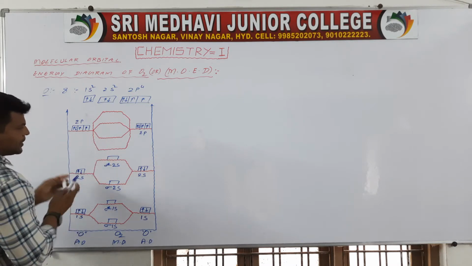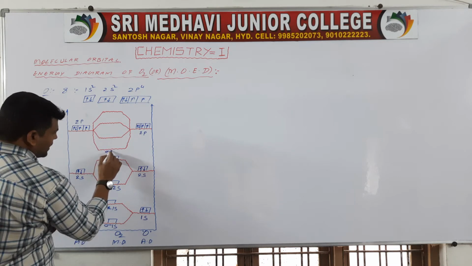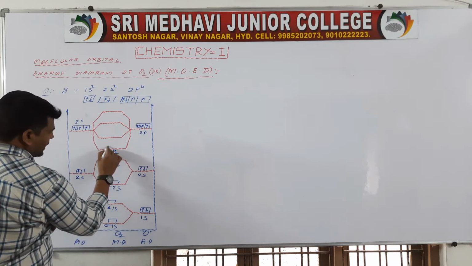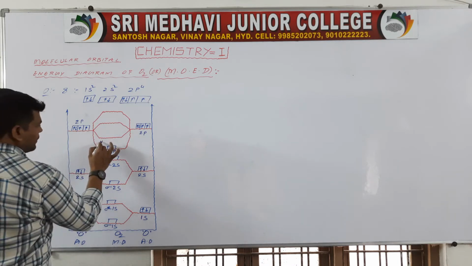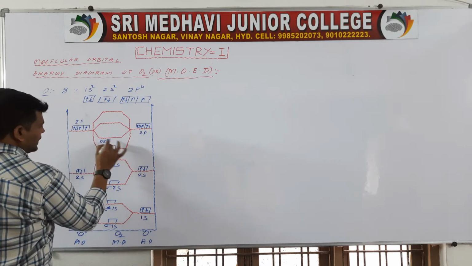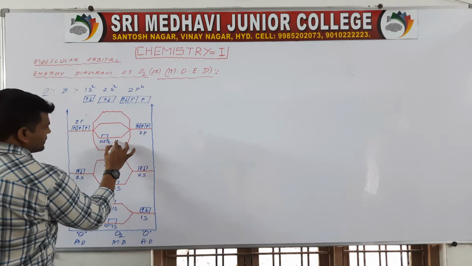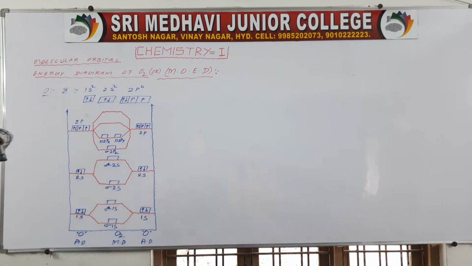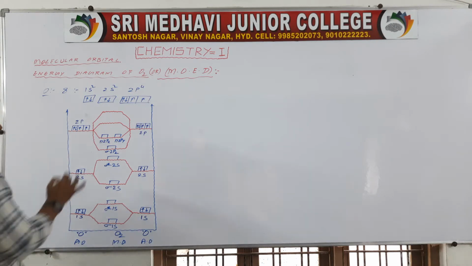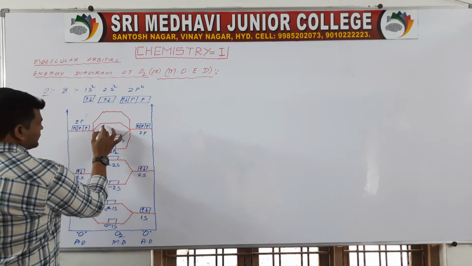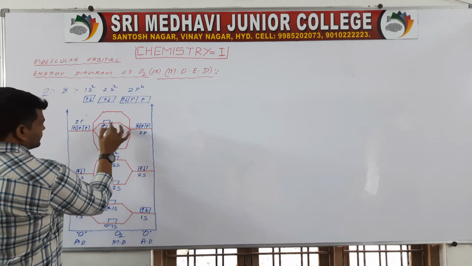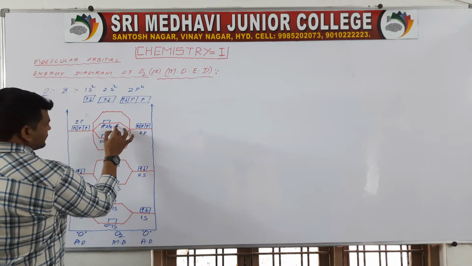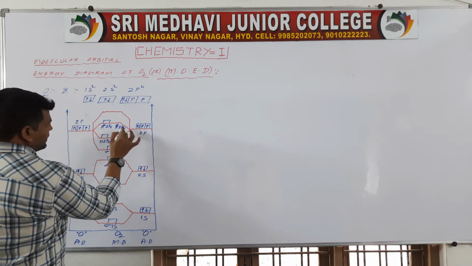Now I am taking 2pz, sigma 2pz is outside. Now it is pi 2px, it is pi 2py. Then it is pi star 2px, it is pi star 2py.